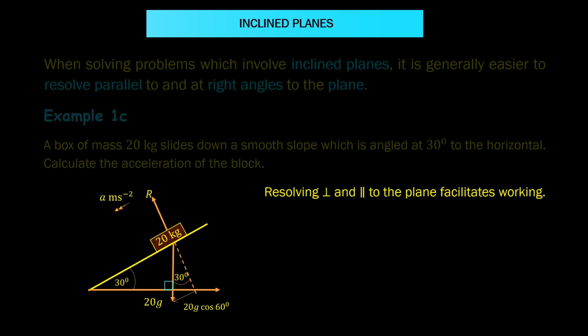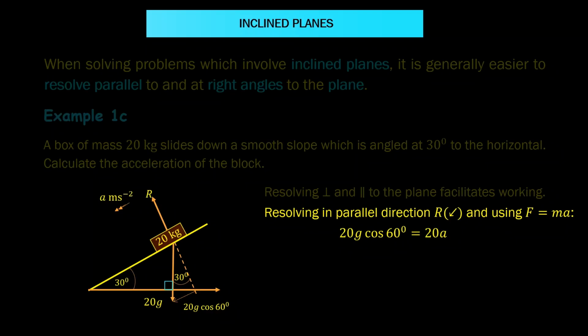So we can now resolve, and this time we're going to resolve in the parallel direction of the slope using F equals ma, or force equals mass times acceleration. Giving us 20g cos 60 degrees equals the mass, which is 20, times the acceleration, which we are required to find.